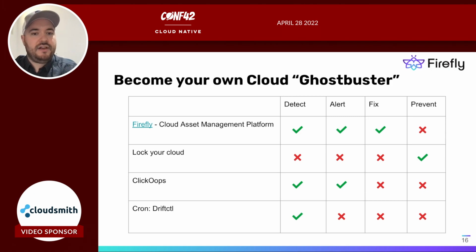Although largely theoretical, some teams might be able to get it done. We'll talk about ClickOps, an open source that lets you detect and alert on ghosts. Finally, we'll mention driftctl, which helps you detect ghosts as well.